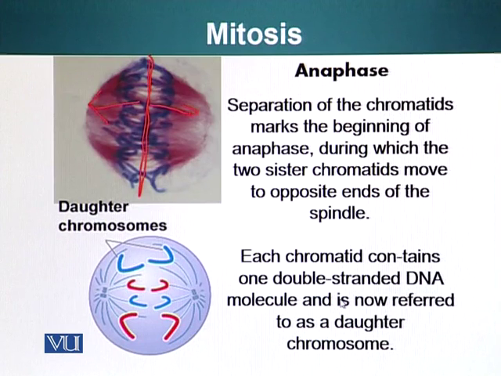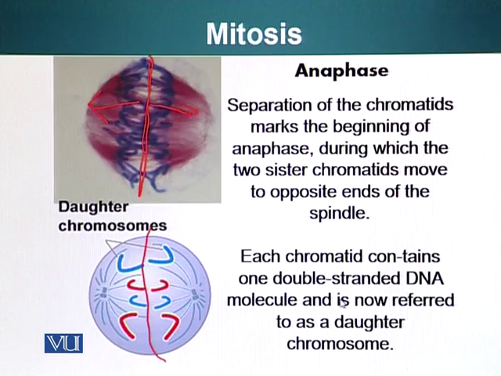These are the daughter chromosomes, moving towards the opposite ends of the pole. Each chromatid now contains one double-stranded DNA, and it is referred to as a daughter chromosome. Ultimately, in the next stage, a furrow will form, and that will result in splitting of this cell.